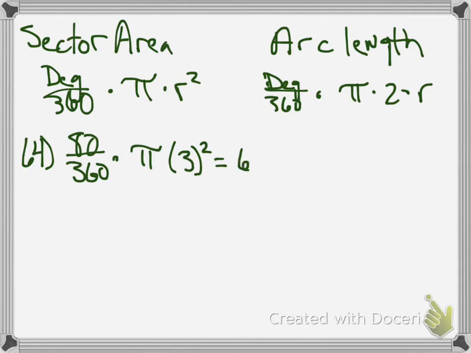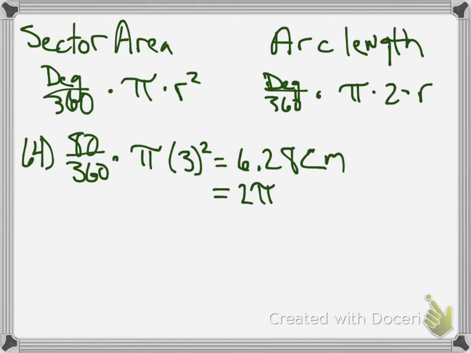So here, approximately 6.28 centimeters squared. Oh, we want the answer in terms of pi, because again, why not? So let's do this. 80 divided by 360 times 9, and I get 2. This is what I got if I just typed in pi, but if I didn't, it would have been 2 pi. Okay, this whole terms of pi thing is starting to get annoying.